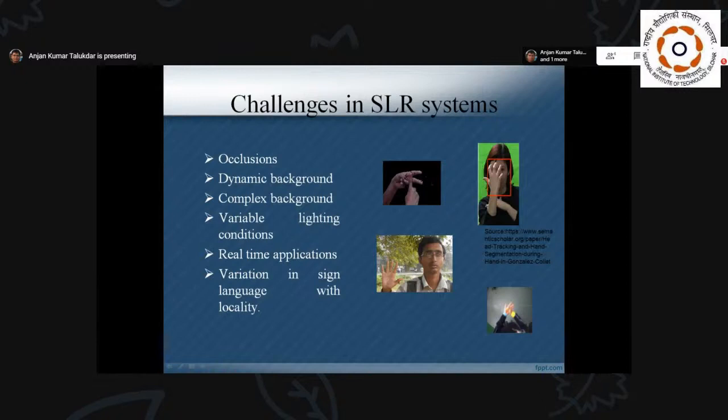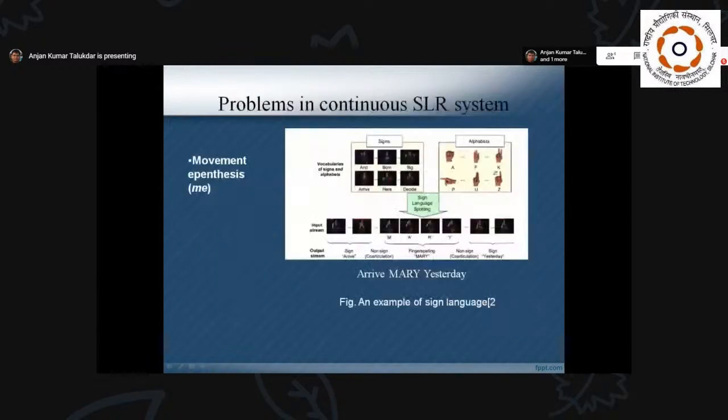Apart from this, let us consider more problems in continuous sign language recognition systems. Sign languages can be of two types. One can be isolated, and another can be continuous. In the case of isolated sign language, we use one single sign at a time.